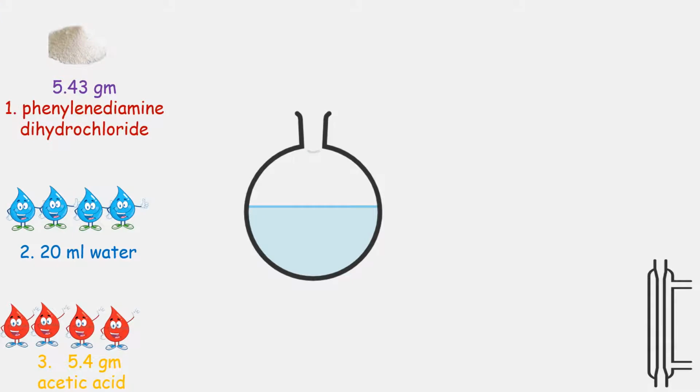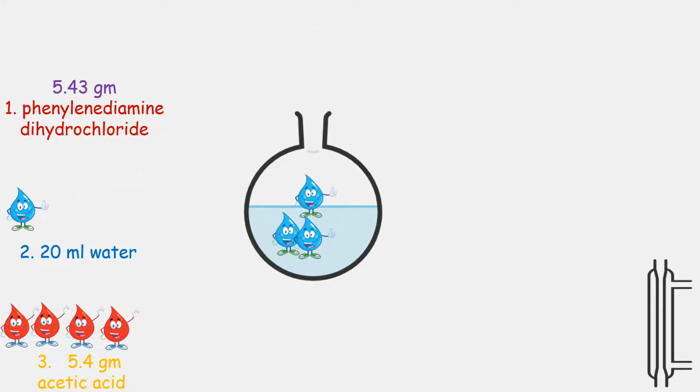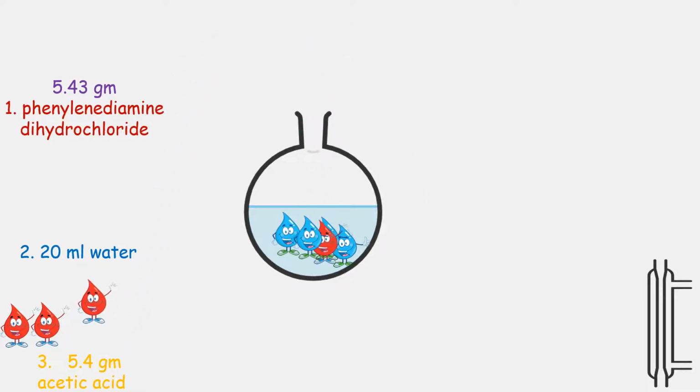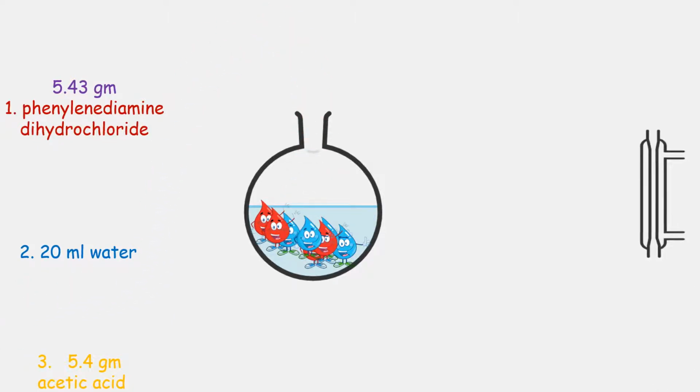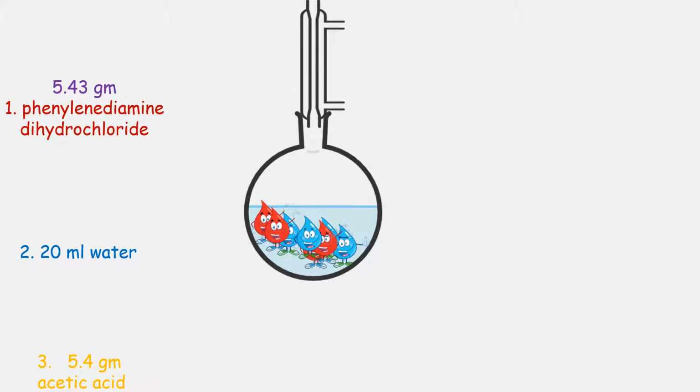Let us start with the procedure. In this RBF, firstly we add 5.43 gram of phenylene diamine dihydrochloride, then add 20 ml of water into the same, and thirdly we add 5.4 gram of acetic acid. Then put on the condenser.